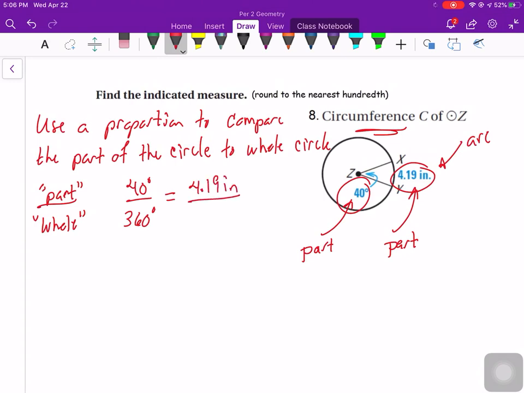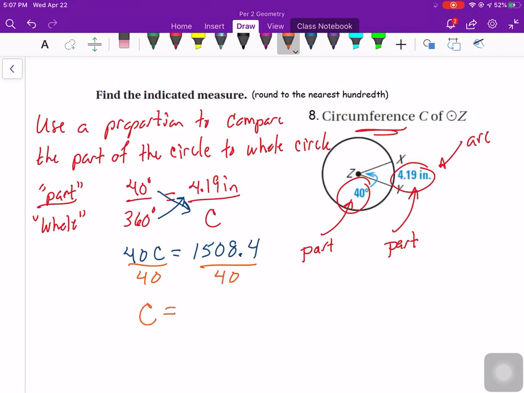And we're looking for the whole circumference of the circle. We now have it set up, so we're ready to go ahead and cross multiply. 40 times c, of course, gives us 40c. 360 times 4.19 gives us 1508.4. To finish it, we'll divide by 40 on both sides.